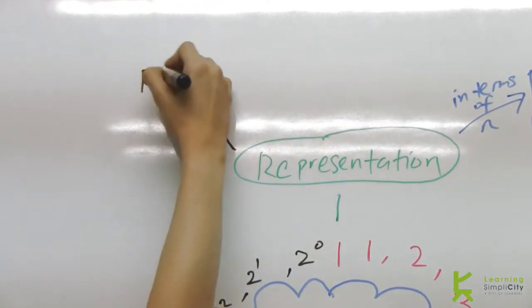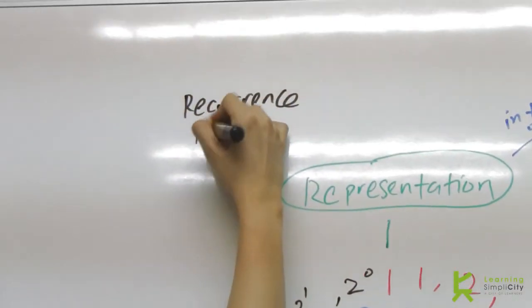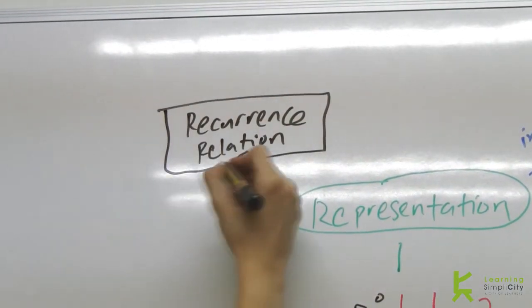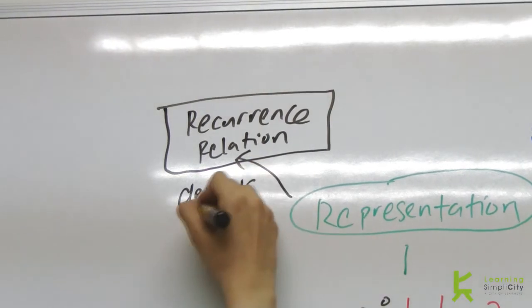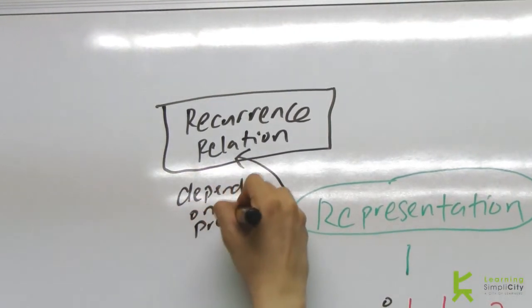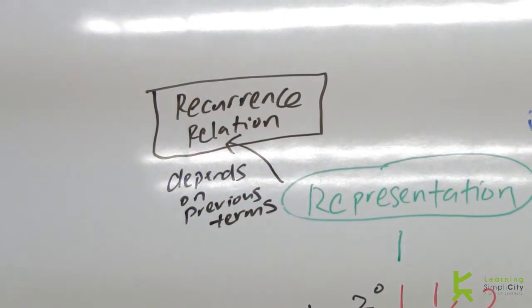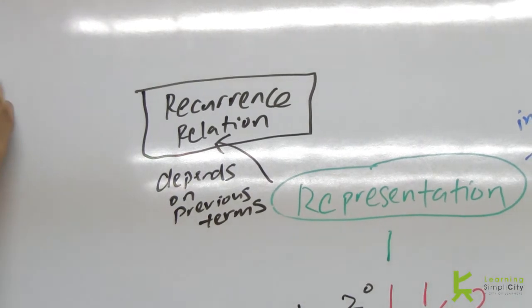Next in line, we talk about the recurrence formula for the general term. A recurrence relation expresses the relation between terms in a sequence. To define a sequence in the recurrence relationship completely, initial conditions are required. In short, a recurrence relation depends on the previous term. Examples of recurrence relations can be as such.